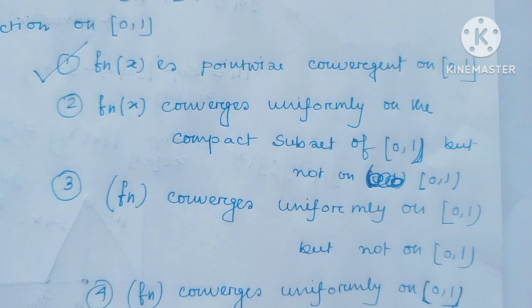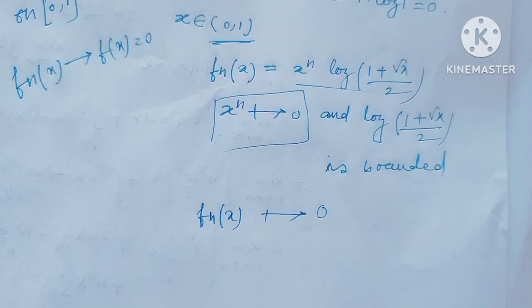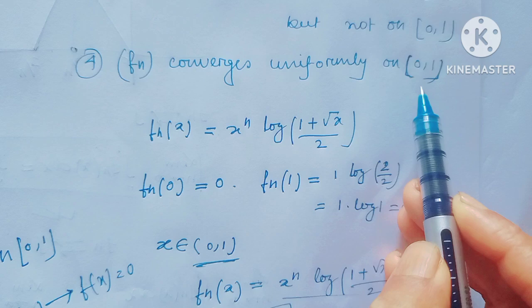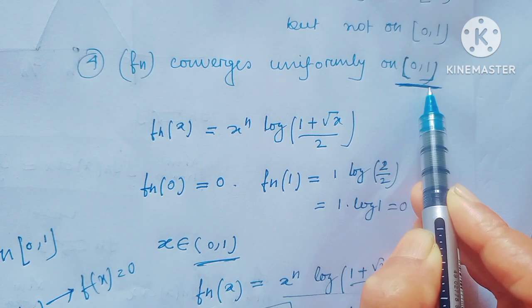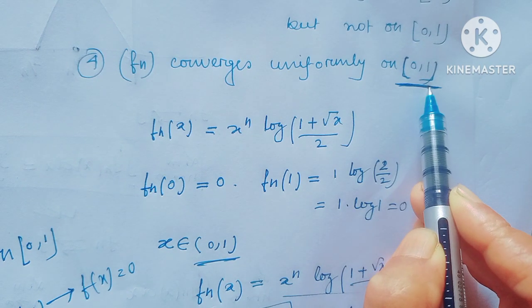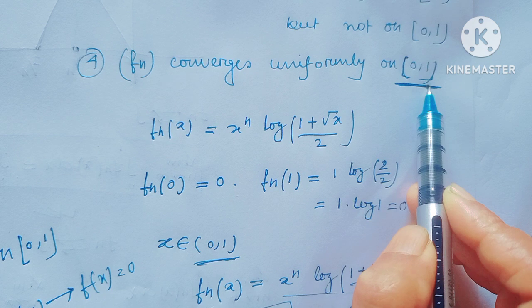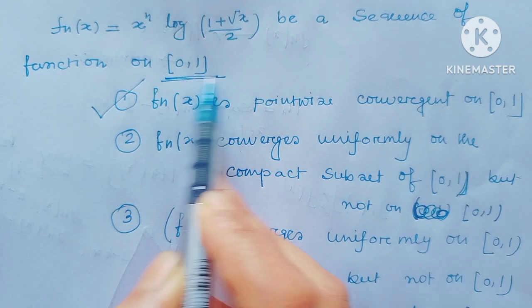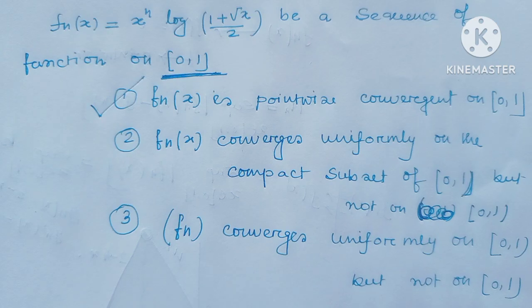Now I will see: is this pointwise convergence a uniform convergence? Since the question is about the closed interval [0, 1], which is a compact set, because the sequence of functions is defined on the closed interval [0, 1], here I will apply Dini's theorem.